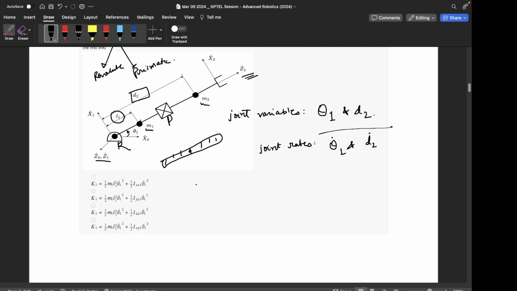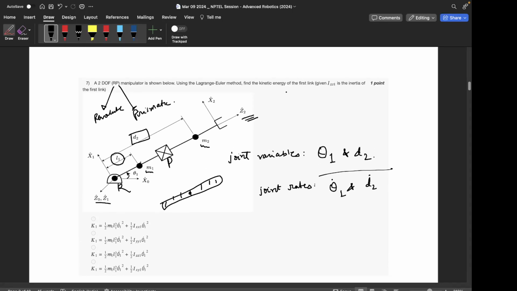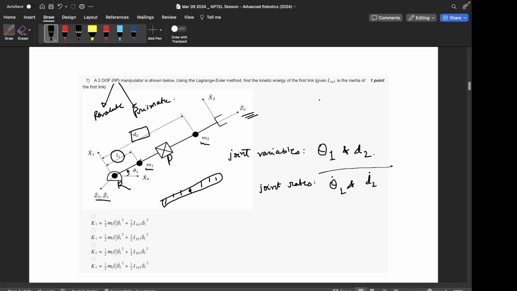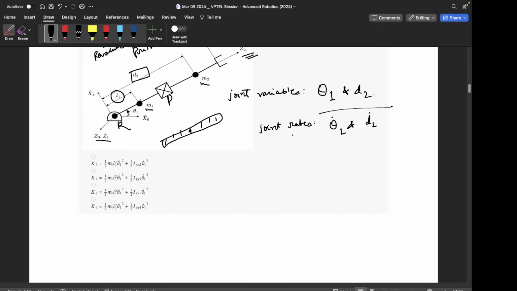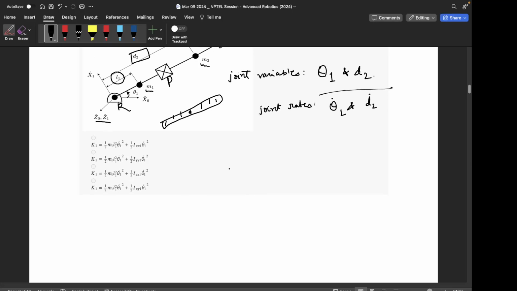And this question asks for the kinetic energy of the first link, and it's given that izz1 is the inertia of the first link, so inertia is given. Okay, and why izz only? Why izz?